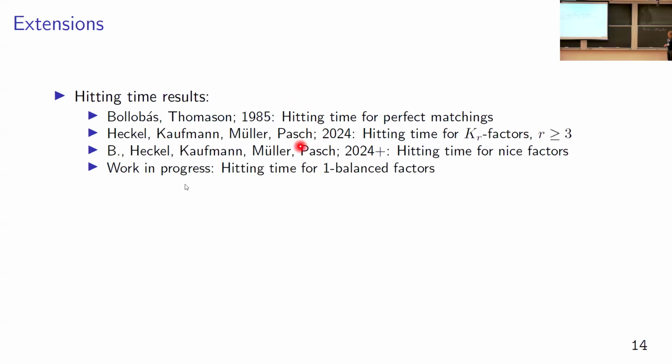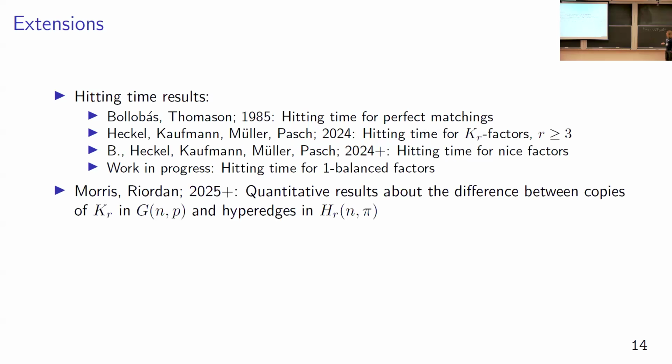And this extends. So my co-authors showed in 2024 that if you have K_r factors, so clique factors, still the same is true. So the first time you see a K_r factor is going to be the first time you stop seeing a vertex that's not contained in any copy of K_r.